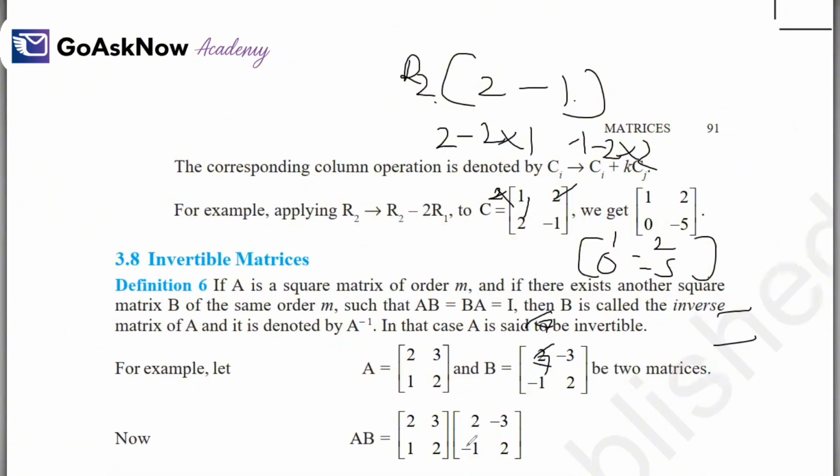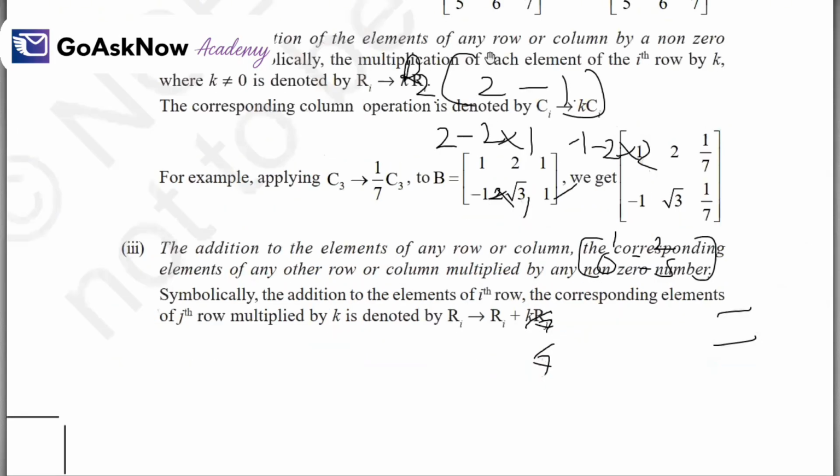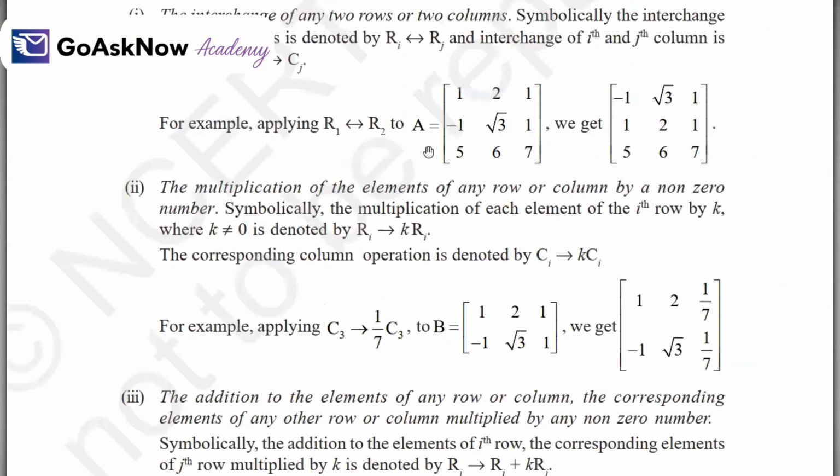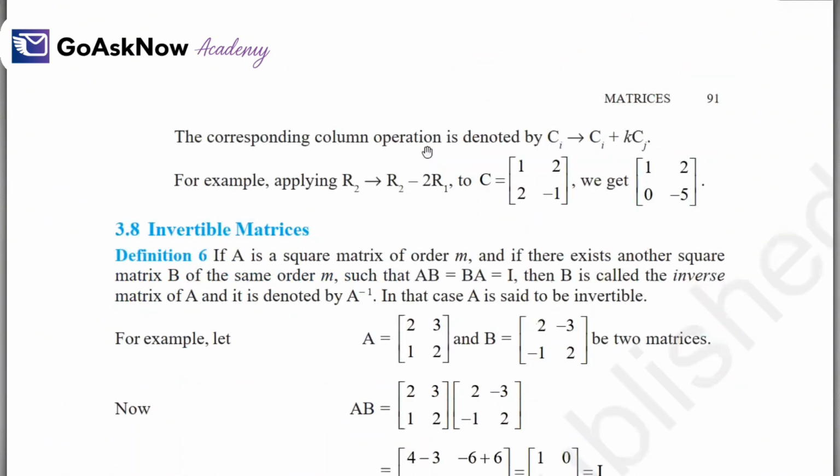If A is a square matrix of order m and if there exists another square matrix B of the same order m such that AB = BA = I, then B is called the inverse matrix of A and it is denoted by A inverse. In that case, A is said to be invertible.